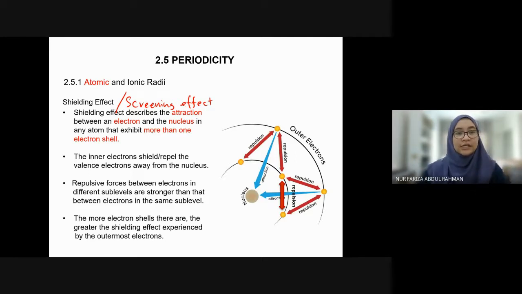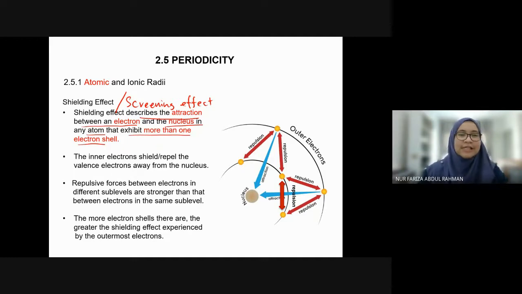Okay, so shielding effect describes the attraction between an electron and the nucleus in any atom that exhibits more than one electron shell. So the shielding effect is present in atoms that have more than one electron.